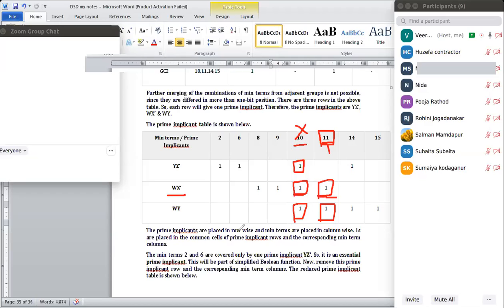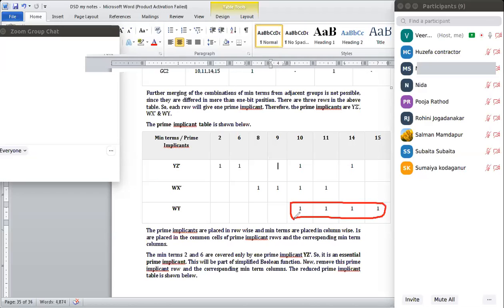Then I will go for the third row. The third row is WY, 1 1 1 1. You know how I'm going to write all these 1s from this table.